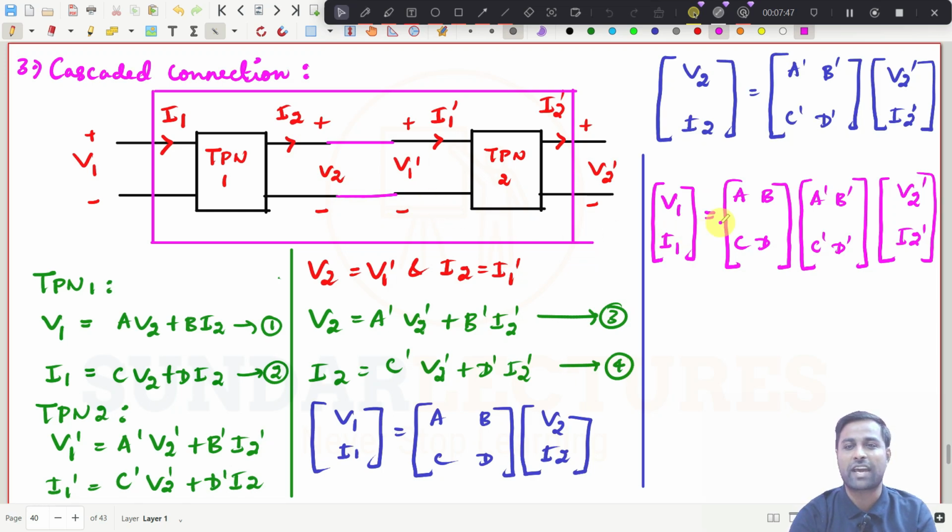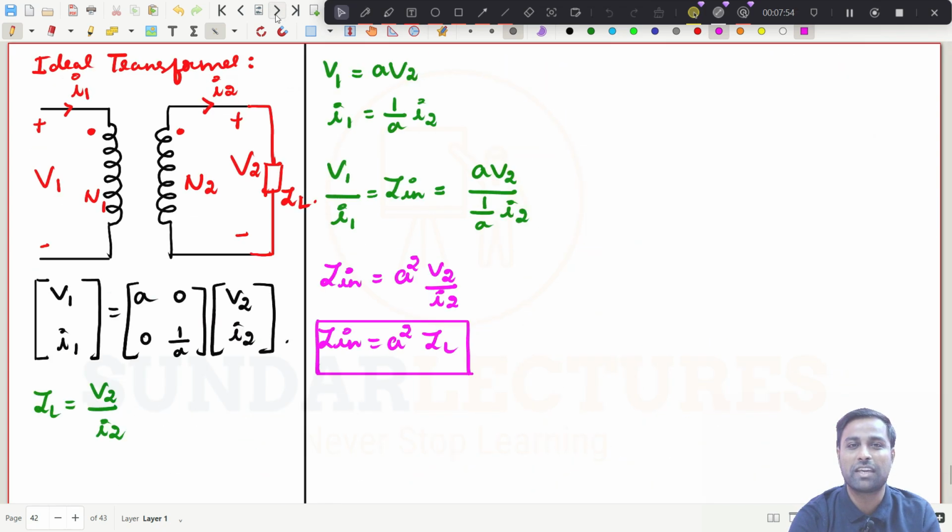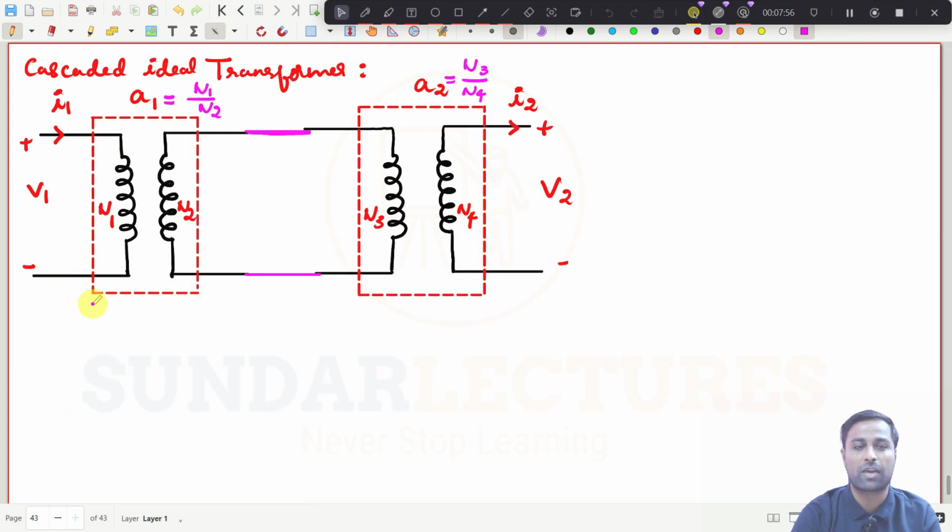And what happens there? The ABCD parameters can be multiplied. Simply, you can write it down here. What is the ABCD parameter of this particular transformer? I can write it as A1, 0, 0, 1 by A1.